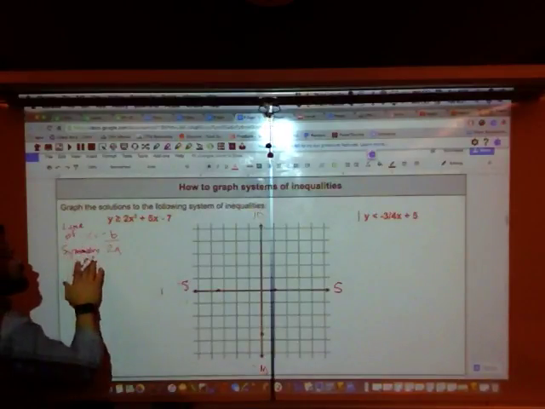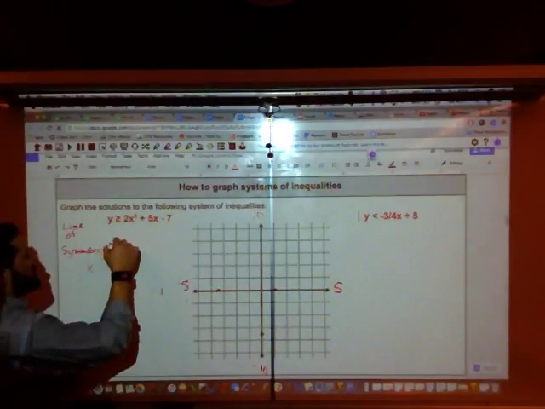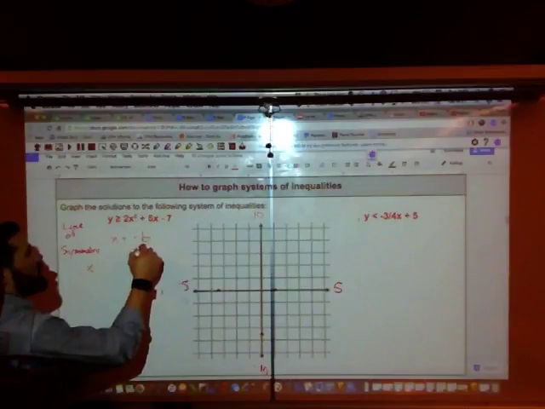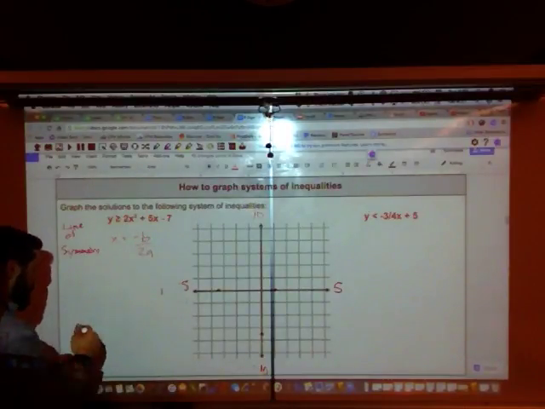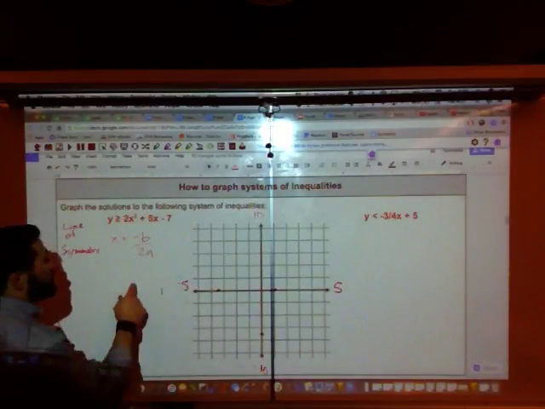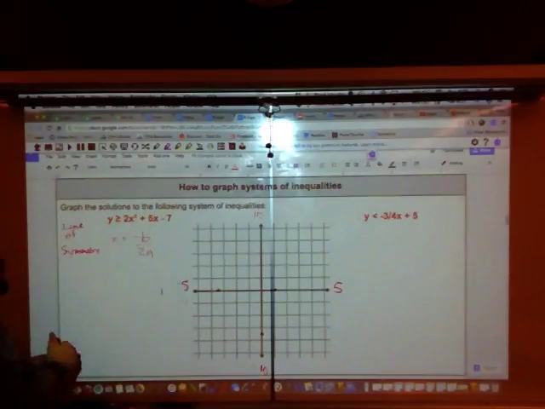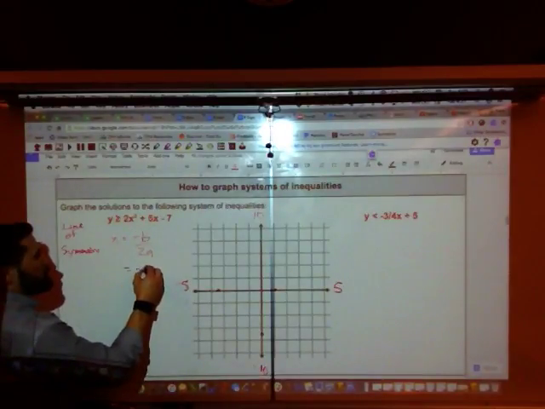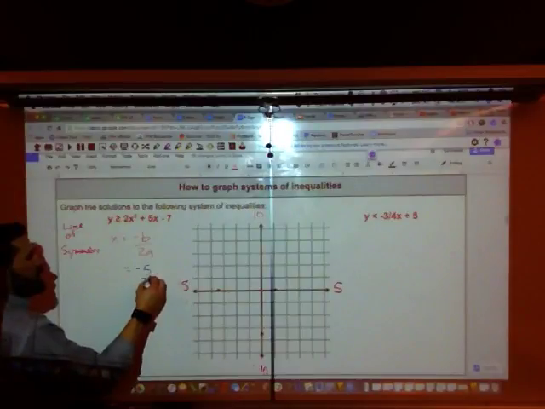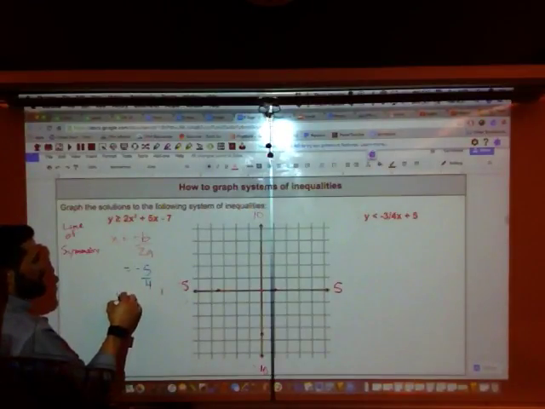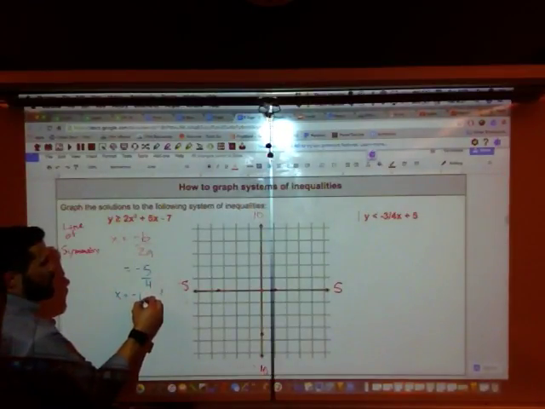So I'm calculating the line of symmetry. X equals -b divided by 2a. So opposite of b would be a -5. 2 times a would be a 4. So x equals basically -1.25.